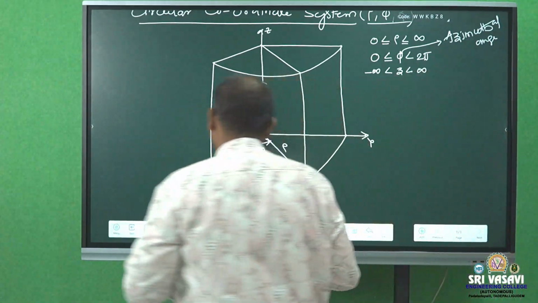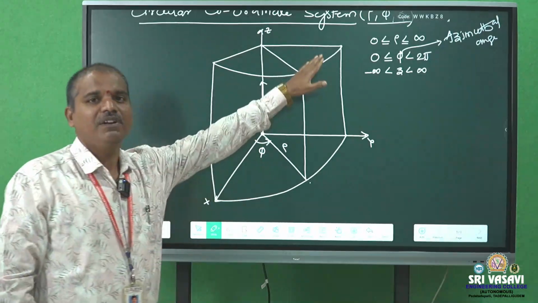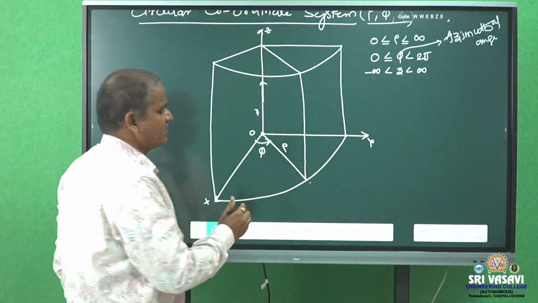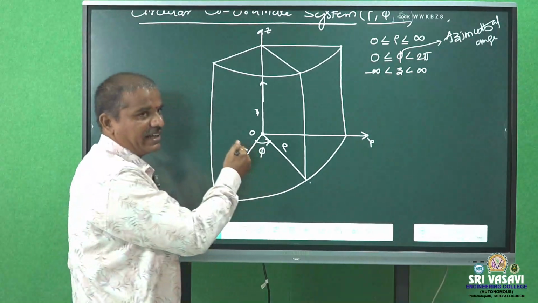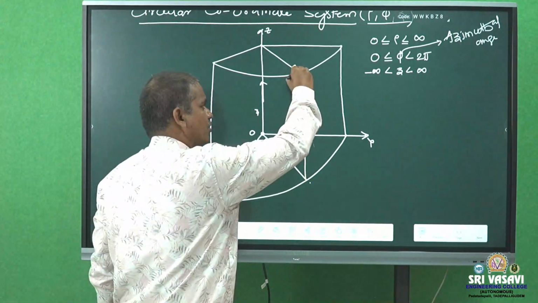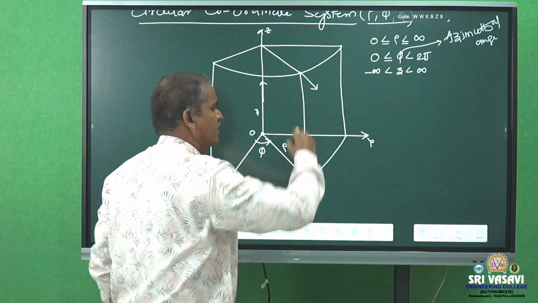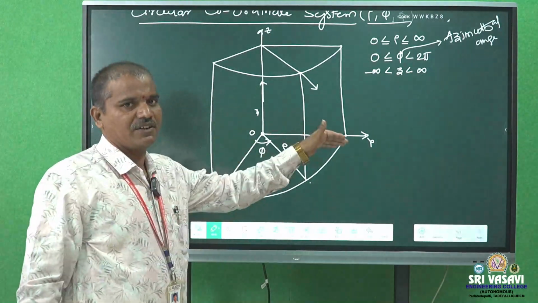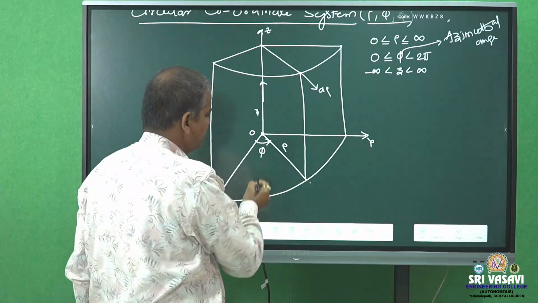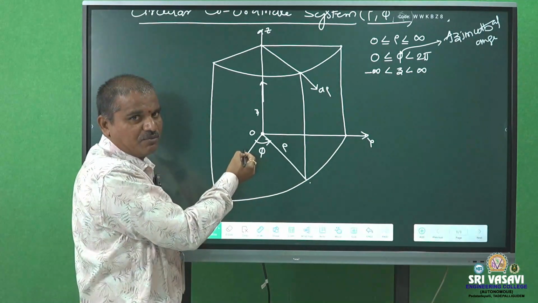So for every coordinate system we represent the variables, followed by the ranges. Accordingly, let us represent it in vector analysis. Here this is along the rho direction, therefore the unit vector is also along that direction, called a rho. Let us take this as phi. Phi is called the azimuthal angle.